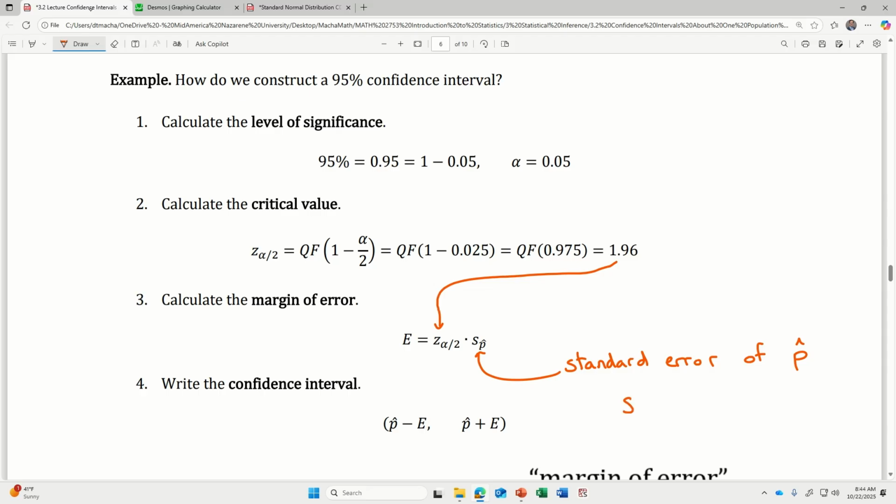And the standard error of my sample fraction, remember, is the square root of p hat times 1 minus p hat divided by n.